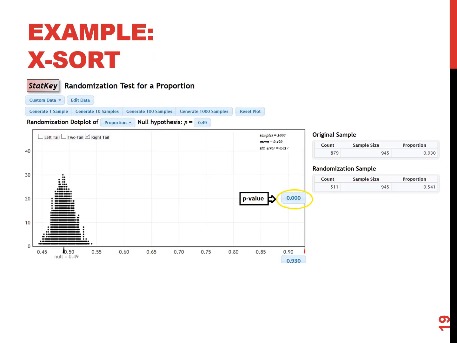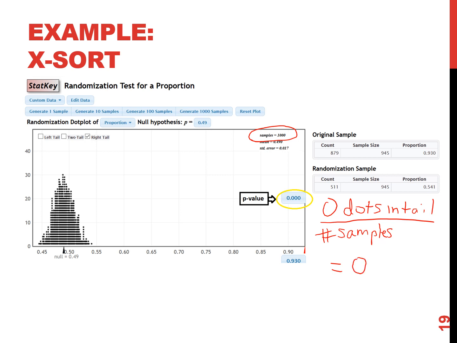So we can see that there were no dots out at 0.93 or beyond. There are 0 dots in the tail. We divide the number of dots in the tail by the number of samples generated. So that's giving us 0, which is our p-value.